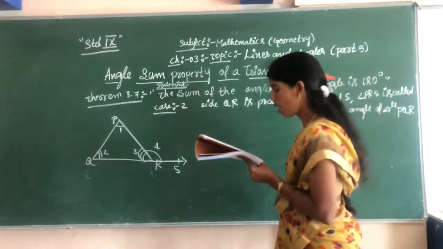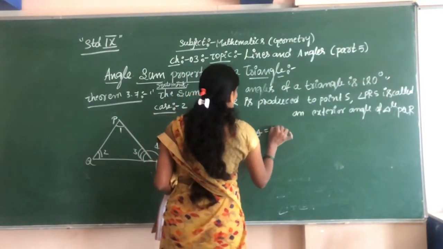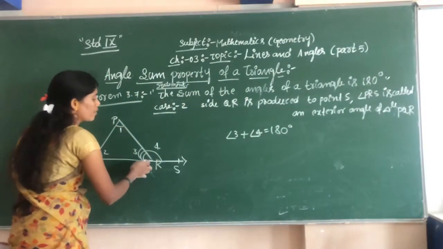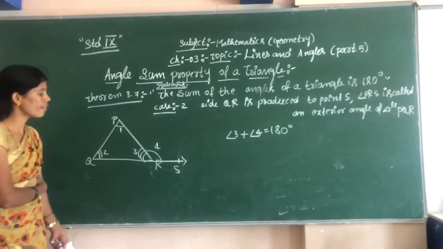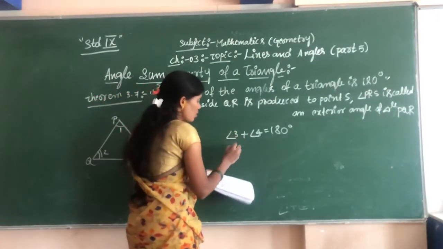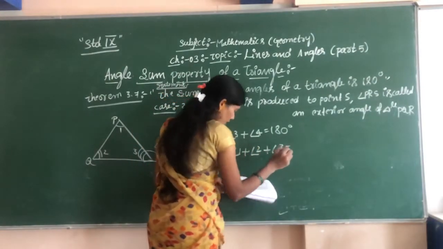In triangle PQR, angle 3 plus angle 4 is equal to 180 degrees, since QR is produced to S as a line. So angle 1 plus angle 2 plus angle 3 is equal to 180 degrees.